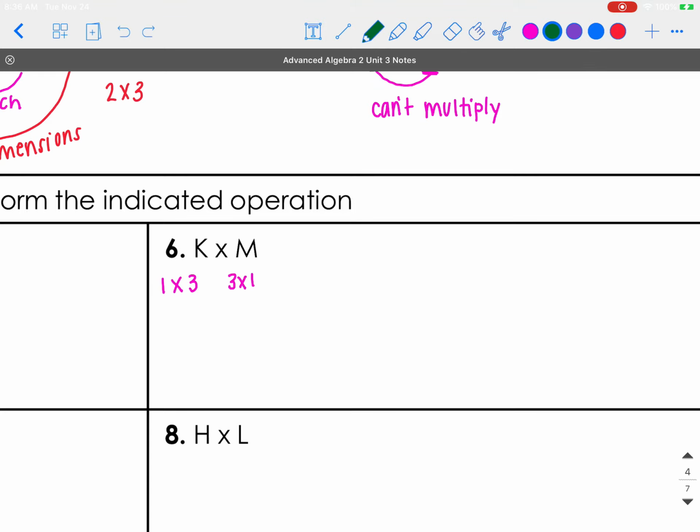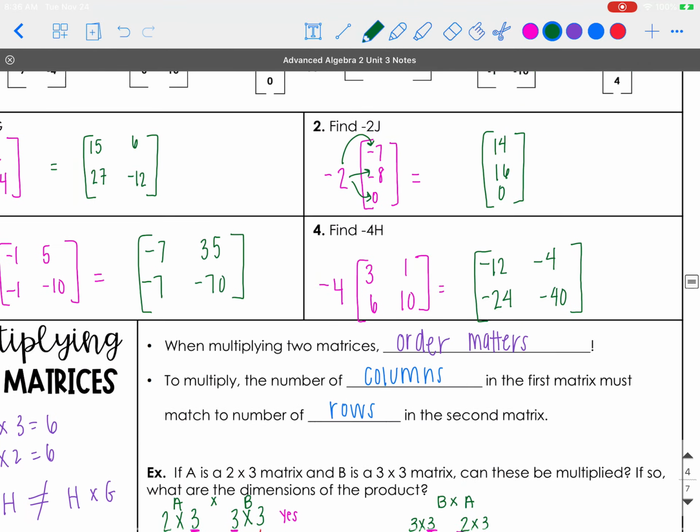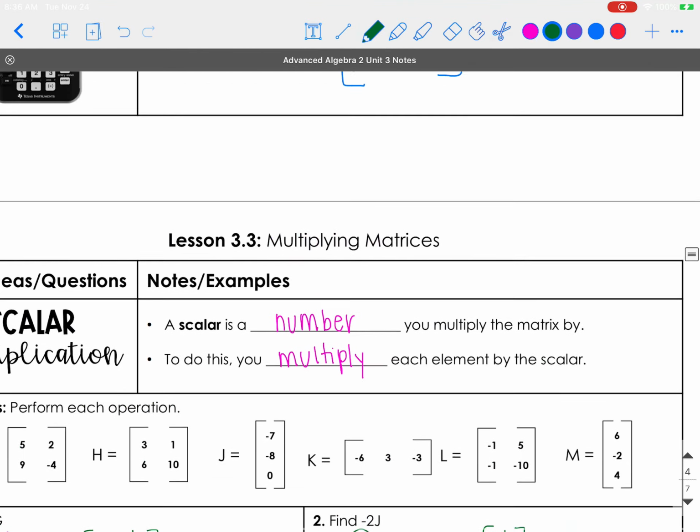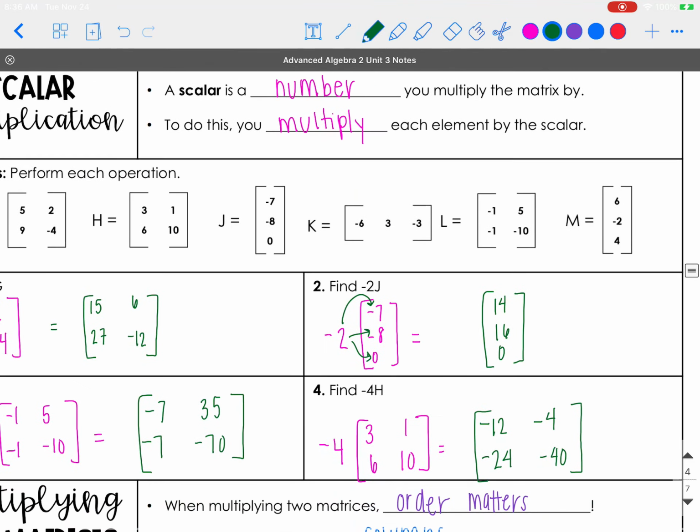So yes, that's the same. So yes, I can multiply. My answer is going to be a 1 by 1. It's only going to have one element in it.